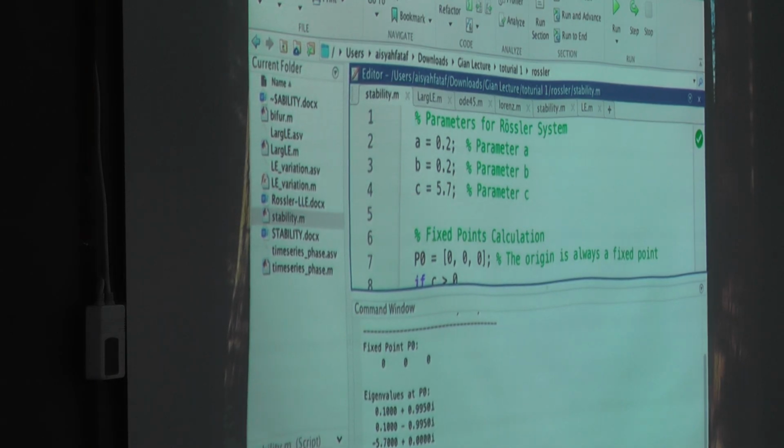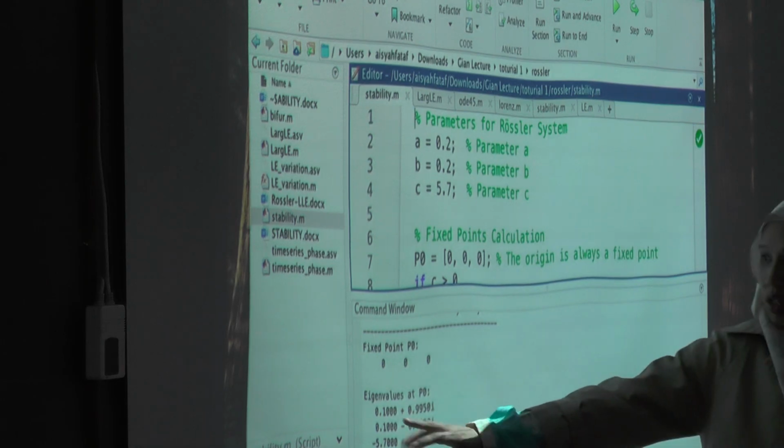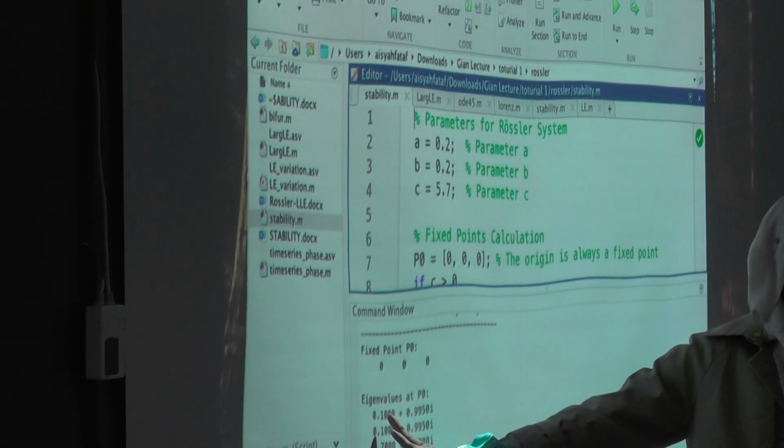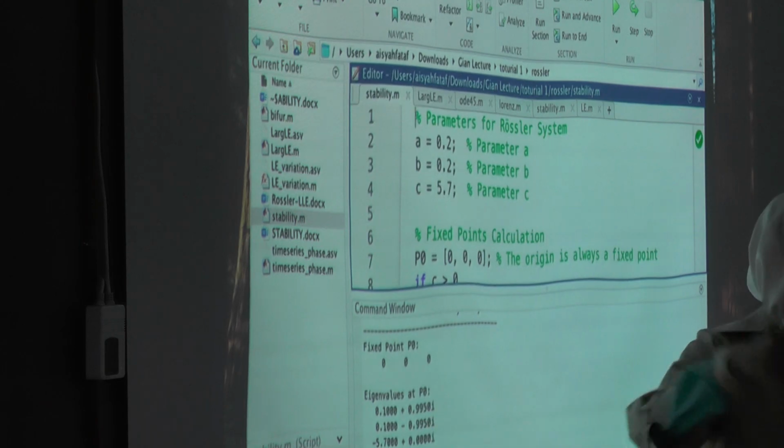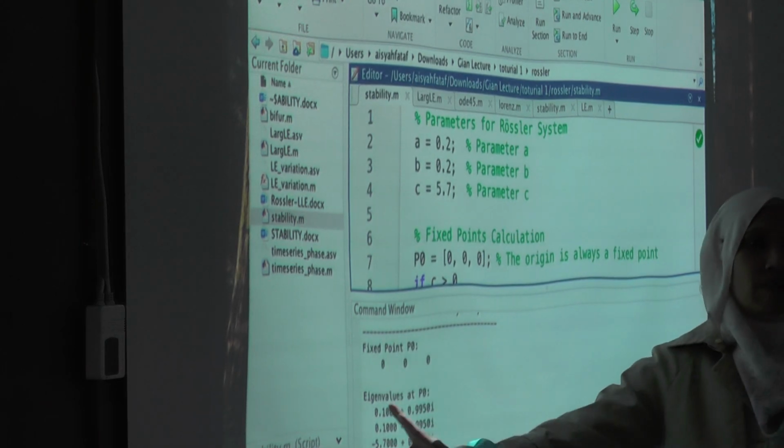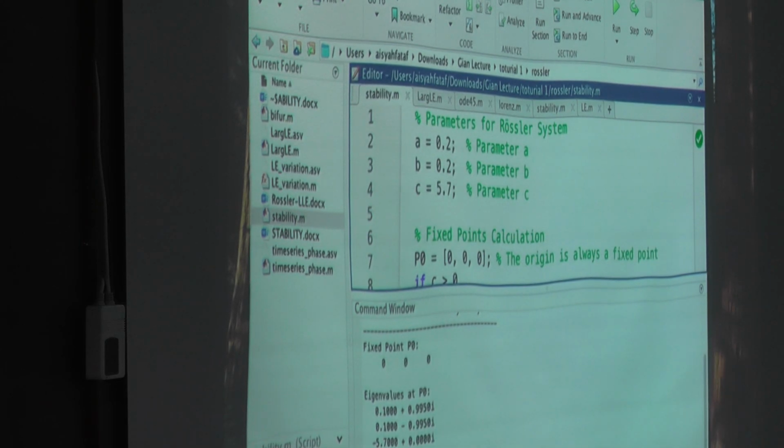But then for each particular eigenvalue, a positive real part, complex positive real part indicates... I just want stable or unstable. I think unstable, right?